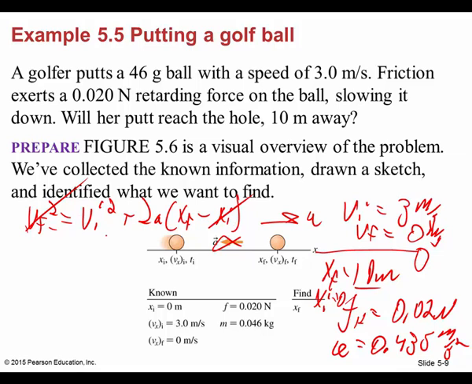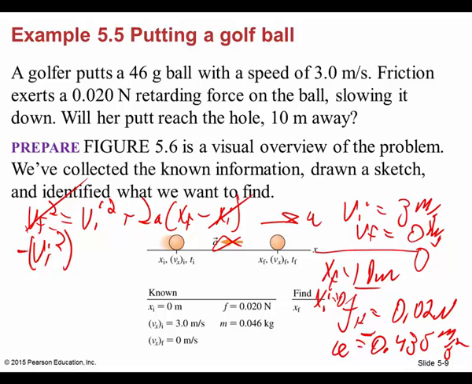Well, let's subtract v i squared from both sides. So we get negative v i squared, okay? And by the way, that acceleration is negative. I almost forgot that. All right?